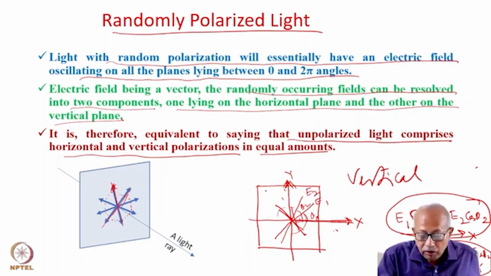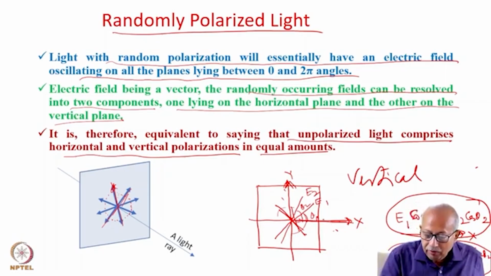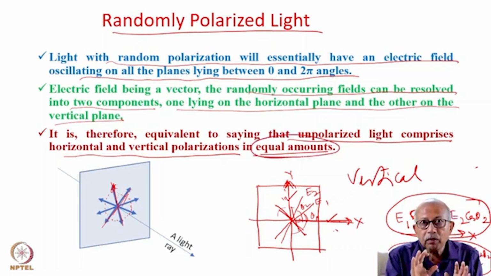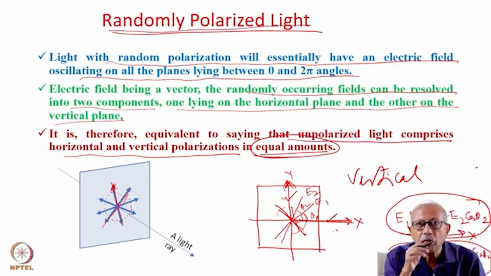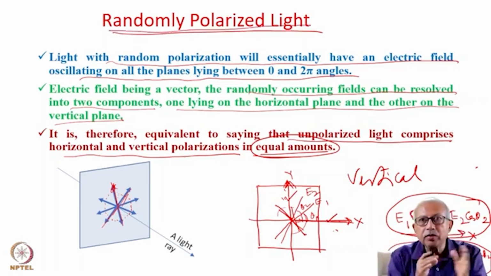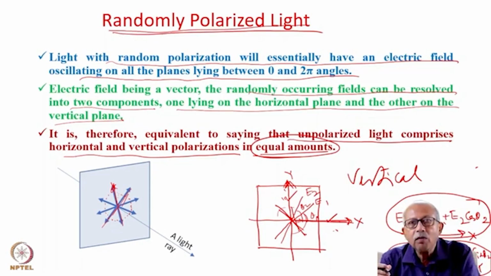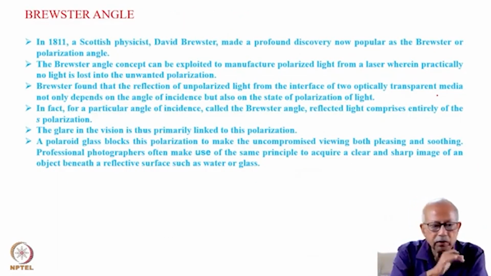A randomly polarized light has both vertical and horizontal components, but of equal amounts. I hope you have understood the concept of randomly polarized light and how it differs from plane polarized light, which can be both vertical as well as horizontal.